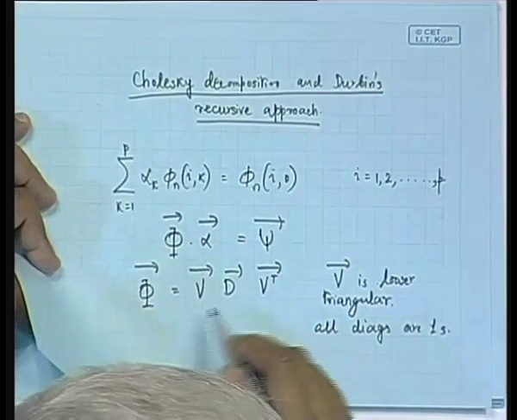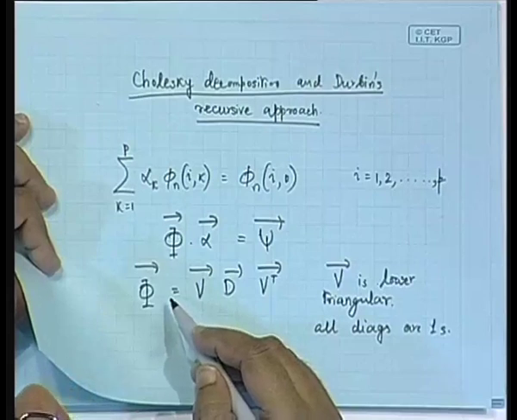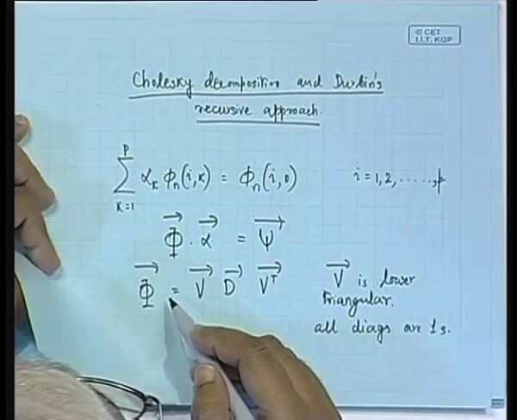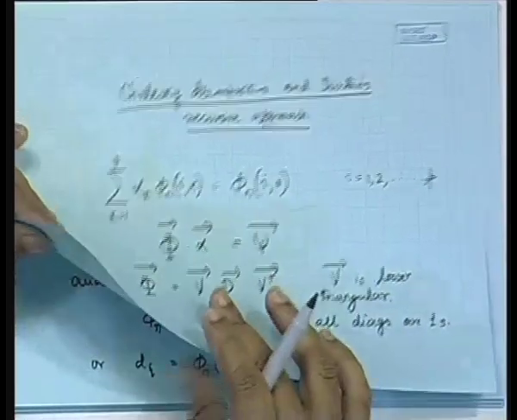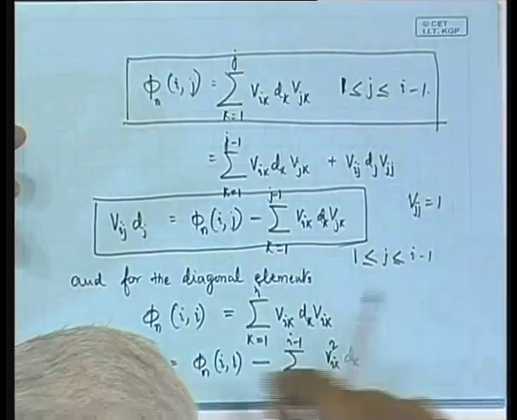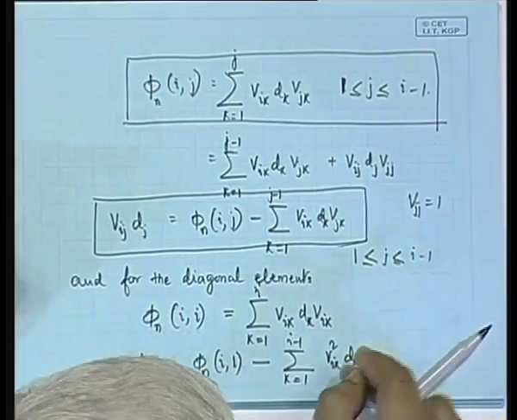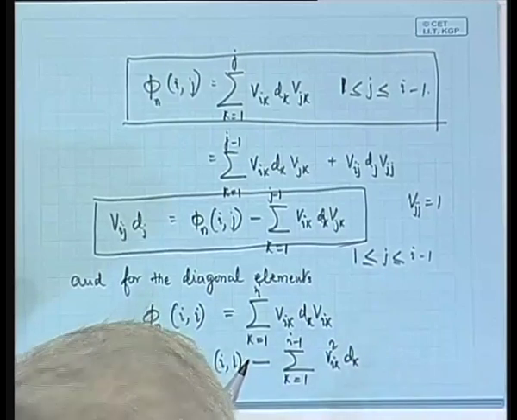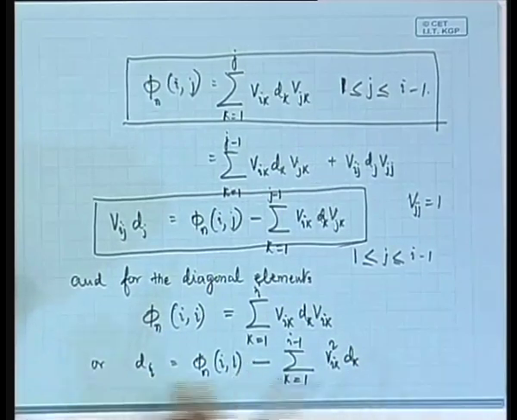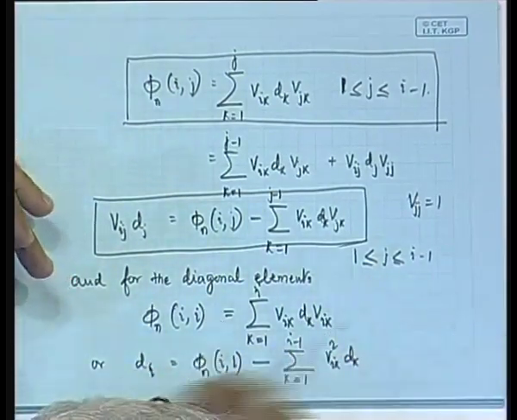If we multiply, in that case we will observe that the phi 1 1 term becomes equal to d1. So noting that condition, phi 1 1 becomes equal to d1, in that case using d1 we will be able to compute the terms beyond d1. That means for d2, d3, etc., we can make use of this.